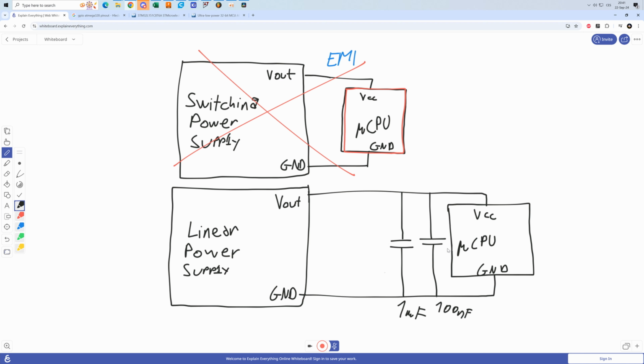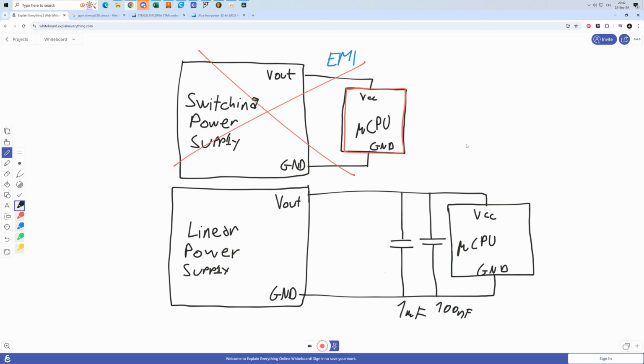Well, but that's not going to work very well because capacitors with different capacitance behave differently at different frequencies. So while a 100 nanofarad capacitor is going to be excellent at suppressing very, very high frequency voltage ripple, 1 microfarad may not do as good of a job. And vice versa, if we're talking about lower frequency ripple, then the 100 nanofarad is not going to do a very good job.